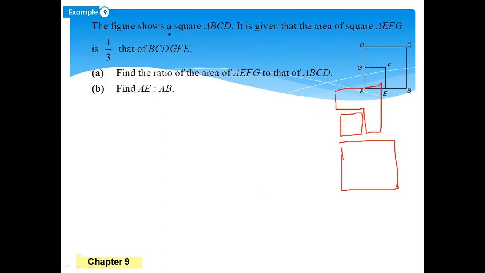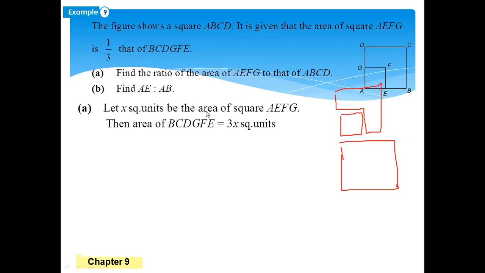According to the question, the area of the small square is 1/3 of the L shape. It means the L shape is larger than the small square by 3 times, because the smaller square is 1/3 of the L shape. So the other way around, the L shape is 3 times the small.